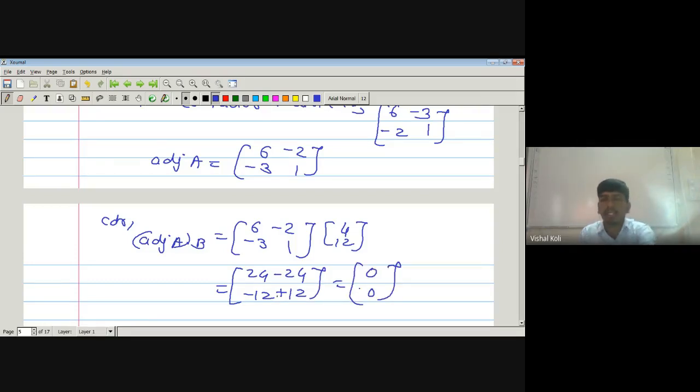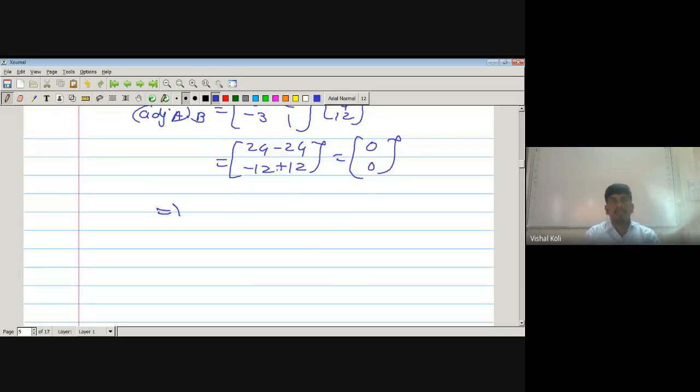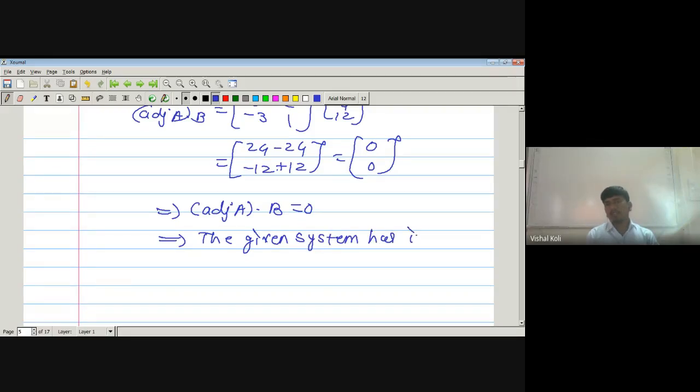So here we get adjoint of A into B is equal to 0, which implies the given system has infinite number of solutions.